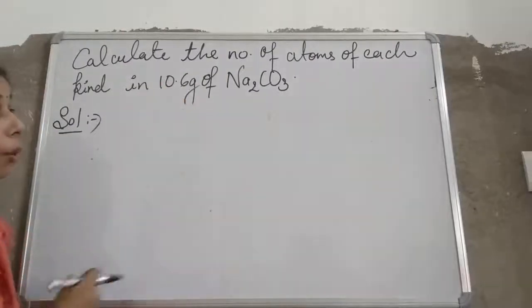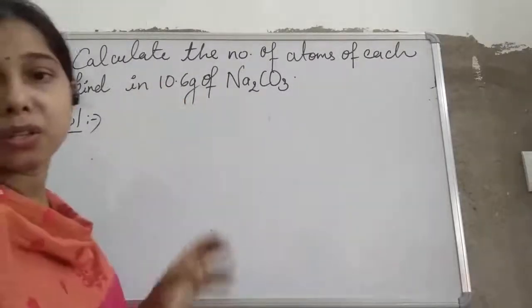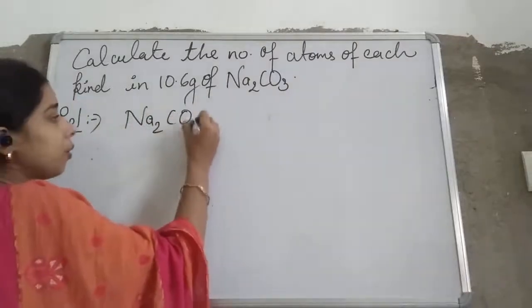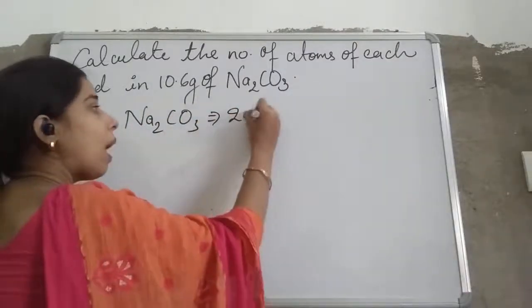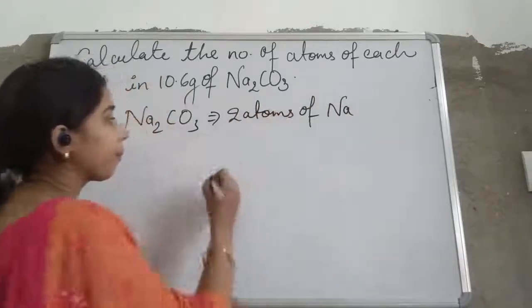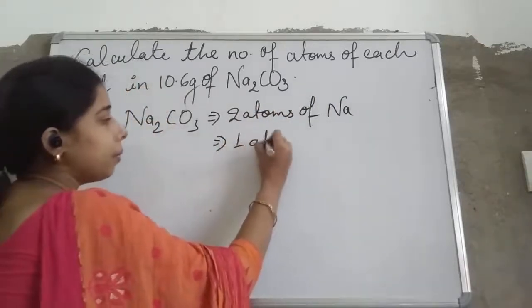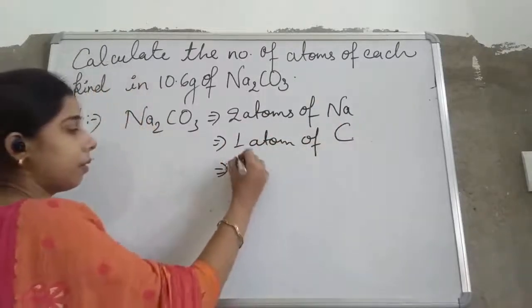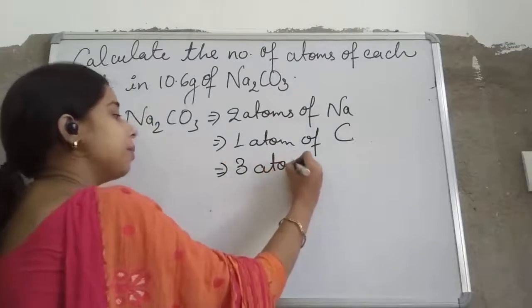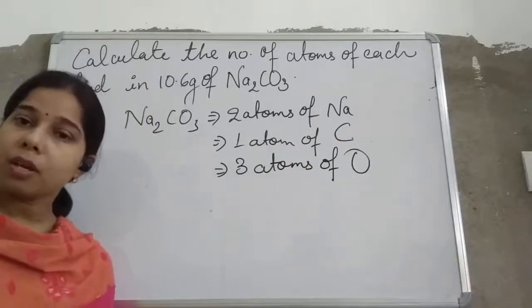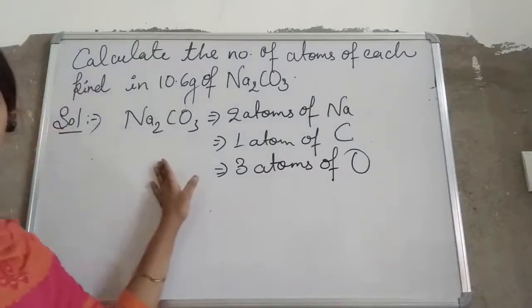Now, how many atoms are there in this formula unit, student? In Na2CO3, there are 2 atoms of sodium, 1 atom of carbon, and 3 atoms of oxygen. So these 3 things are given in this formula.